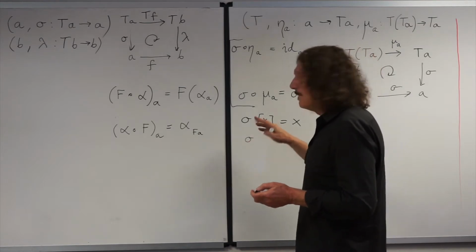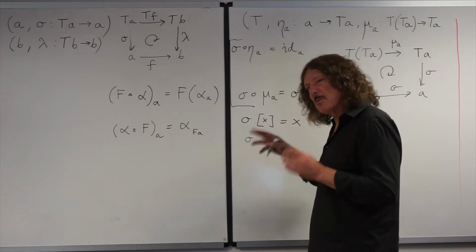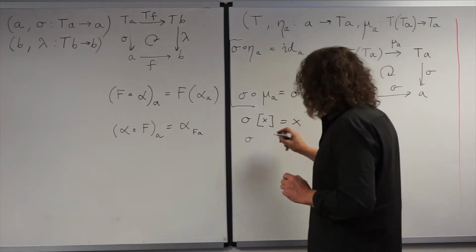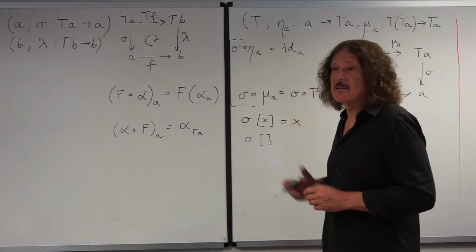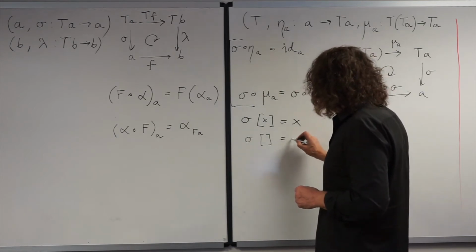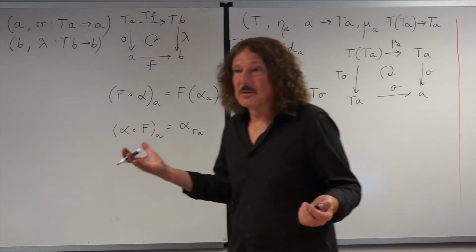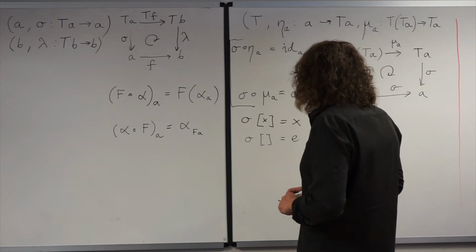So we have some type for which we are defining an algebra, and we want this algebra to be compatible with the list monad. So sigma acting on an empty list has to be defined as well, right? We'll just call it E, okay? It's some value. I don't know what it is, right?